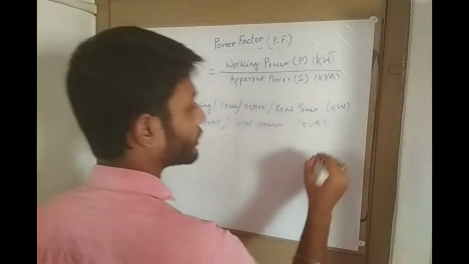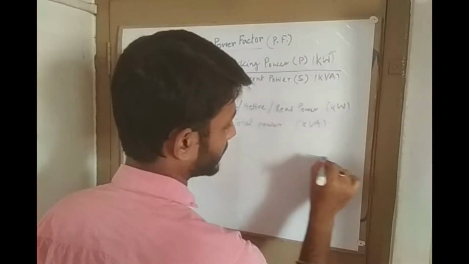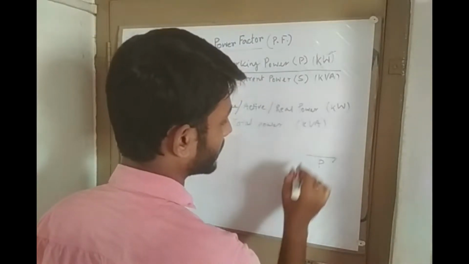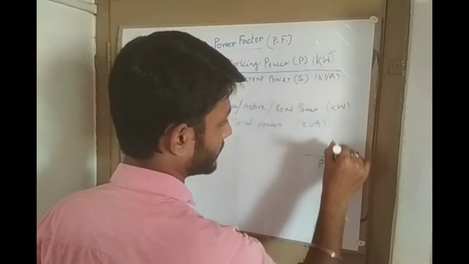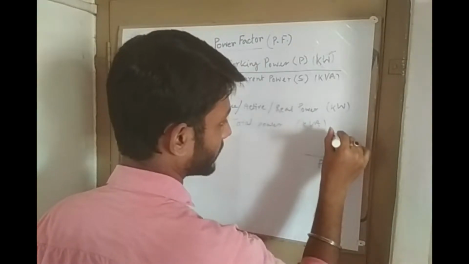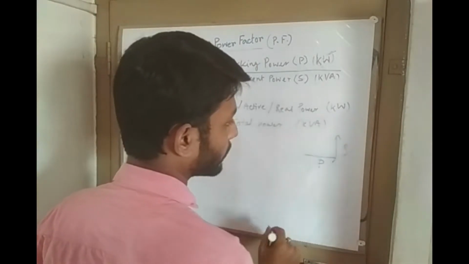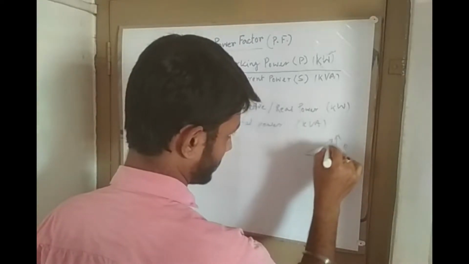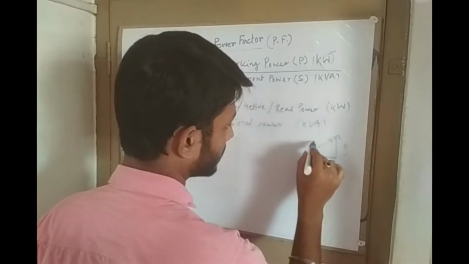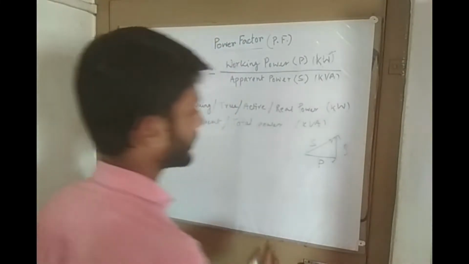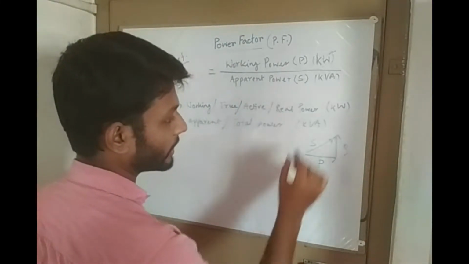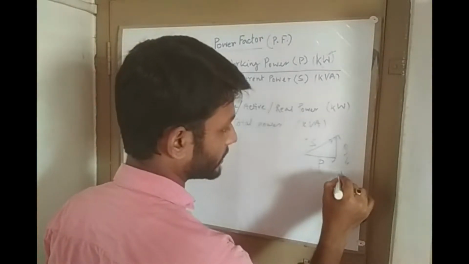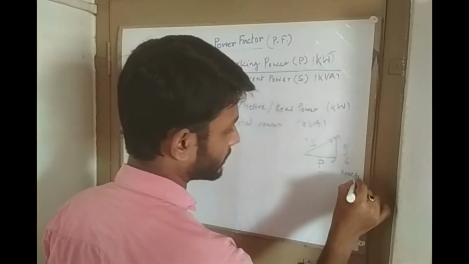And if we know the power triangle, this one is P, that is active power, and this one is Q, and its vector sum is S. So this one is active power, this S is apparent power, and this Q is reactive power.